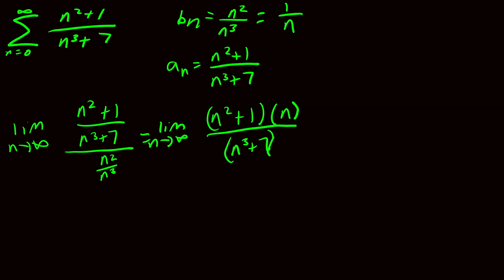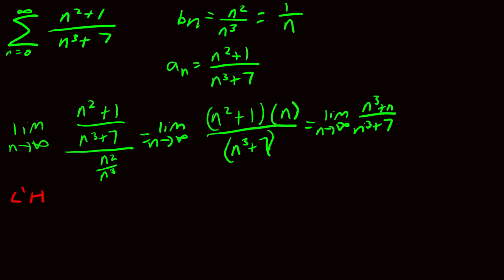So let's just do that, and I'll speed it up. I'm sure you guys know how to do L'Hopital, right? N cubed plus n over n cubed plus 7. All I did here was simplify this out. Now we can use L'Hopital because it's going to be infinity over infinity.